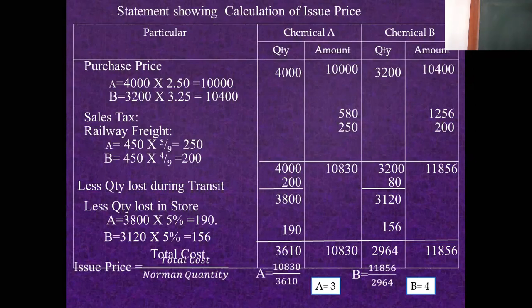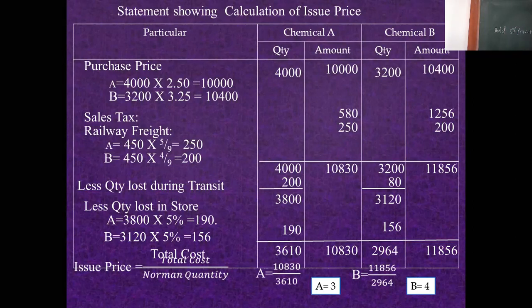Another method of calculation is after deducting the quantity loss, total balance is here. In this case, instead of deducting this quantity, we add 5% provision. This provision is to be added in cost only, but not in the quantity. Okay.